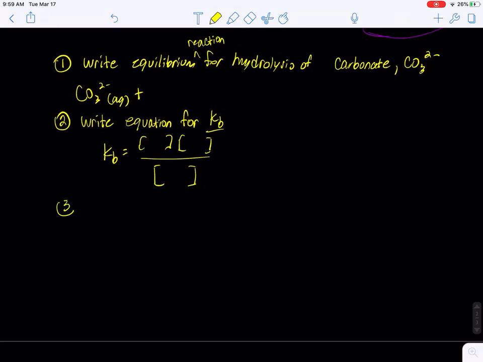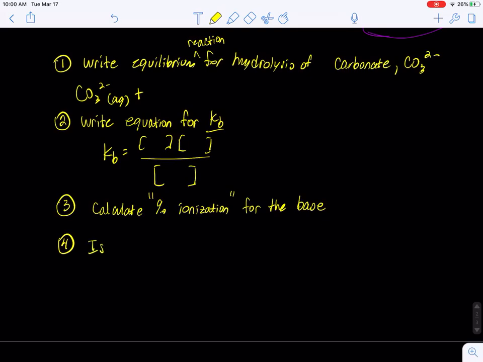And the third thing is to calculate percent ionization. You gotta put that in quotes, just like how I just demonstrated it for your base, okay? And the final thing is to compare these two bases.